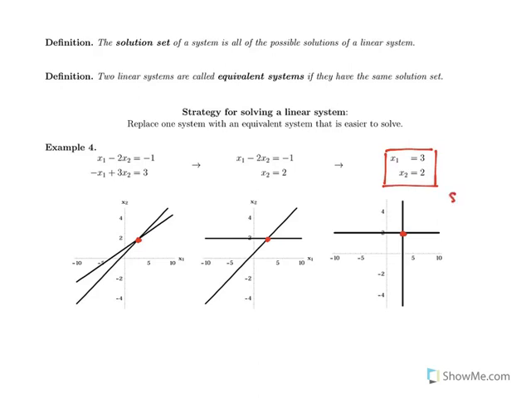That solution is, we're often going to write solution SOLN, is the point (3, 2). Right? That's the same solution in the other 2, but we've just simplified it in some way to get down to this easier example. How we got down to that example is what we're going to talk about on the next few slides. There's different strategies we can use to get down to that easier example.